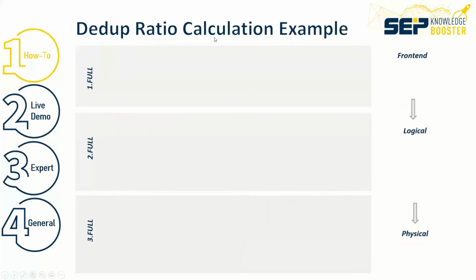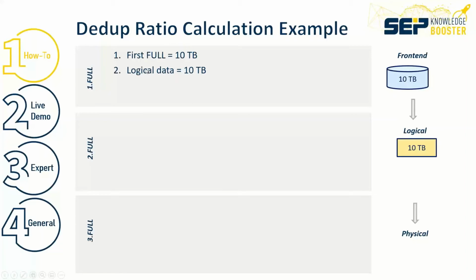Well, now some calculation examples for the dedup ratio to make the sense of this value a little bit clearer. If you have a 10 terabyte set of front-end data, 10 terabyte on the front-end storage, and you do a backup, then the logical data is definitely 10 terabyte.